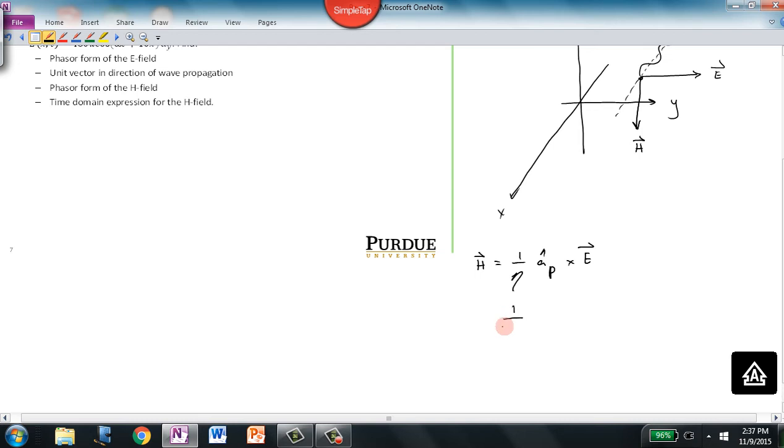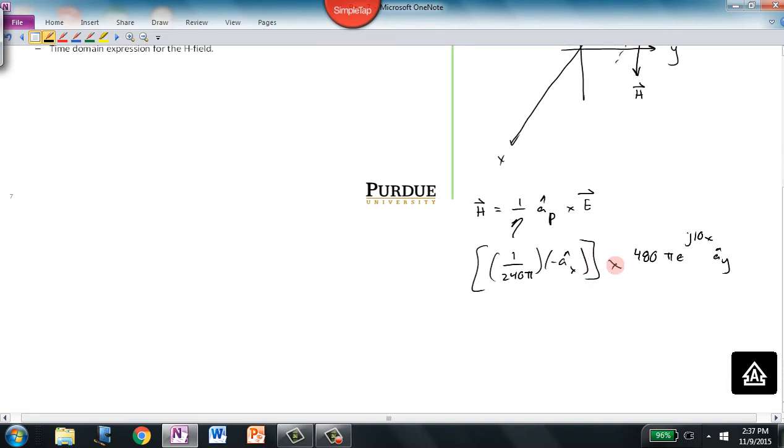So that's 1 over 240 pi ohms times minus a hat x, and we'll cross that whole thing with 480 pi e to the j 10x a hat y. So this is the cross product we have to form.